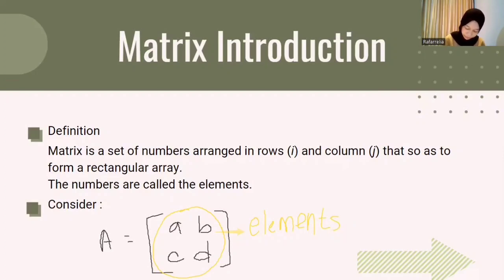And the horizontal lines here are called rows of the matrix, and the vertical lines here are called the columns of the matrix.